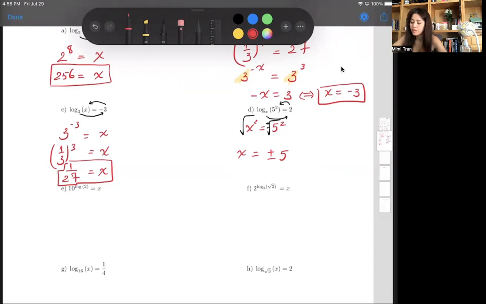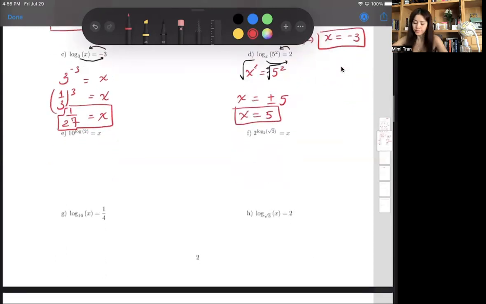We don't have a log of a negative base, so we're going to pick x equals 5.